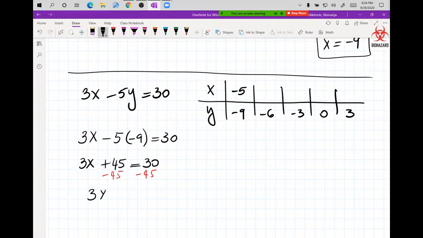So 3x is equal to -15, because you are subtracting a bigger number from a smaller, the answer would be negative. And then when we divide both sides by 3 to get x alone, finally, we get x equals -5.